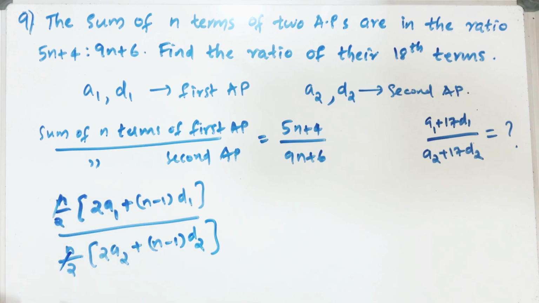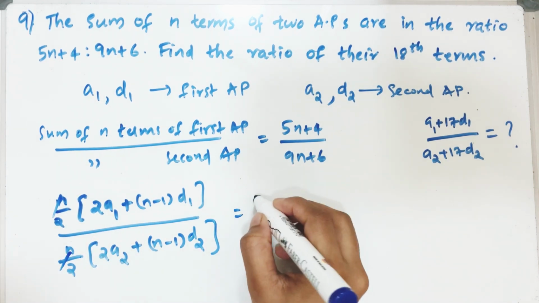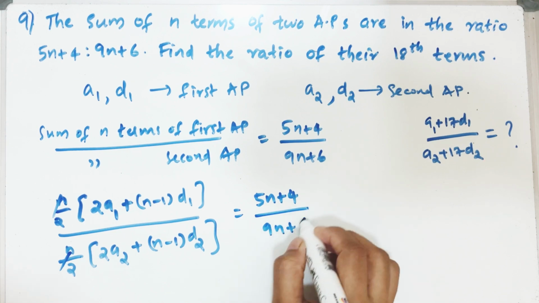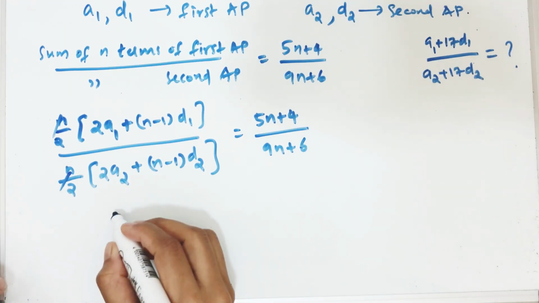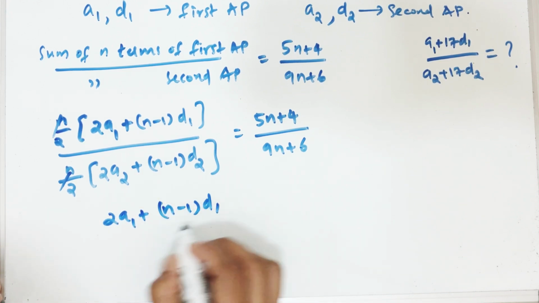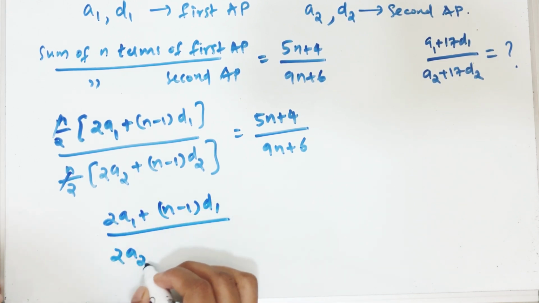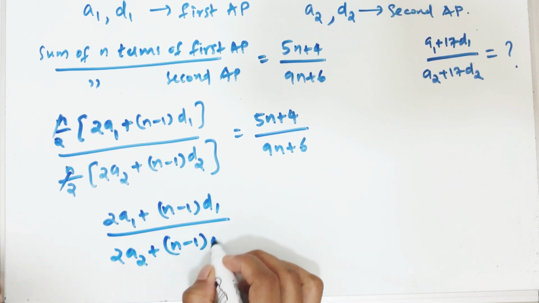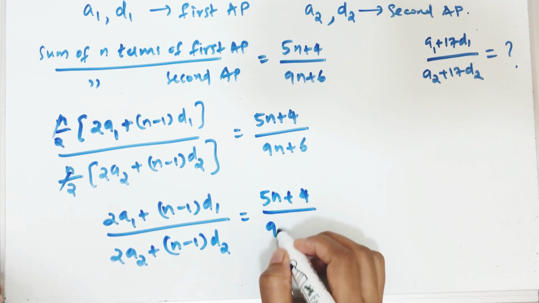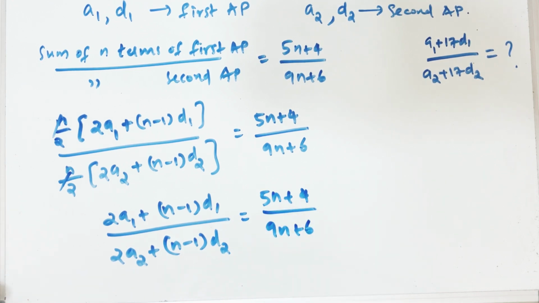Here n by 2 cancels, which is equal to 5n plus 4 by 9n plus 6. That is, we have 2A1 plus n minus 1 into D1 by 2A2 plus n minus 1 into D2 is equal to 5n plus 4 by 9n plus 6.